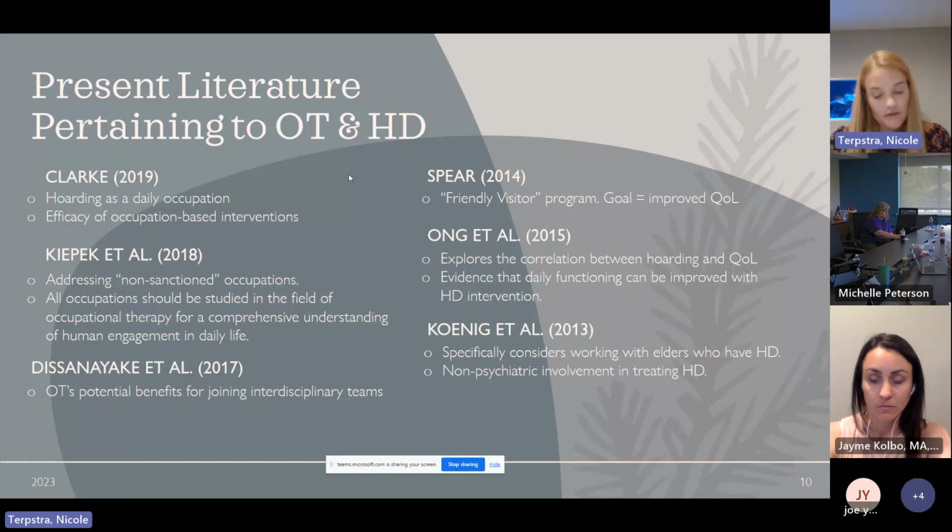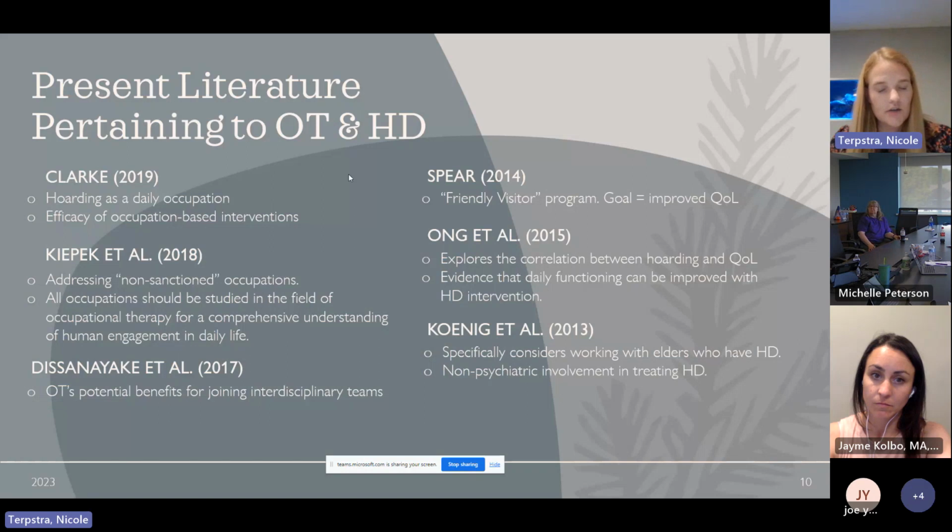While the researchers do not believe that all occupations should be accepted or necessarily encouraged, they do believe that all occupations, sanctioned and non-sanctioned, should be studied in the field of occupational therapy for a more comprehensive understanding of human engagement in daily life.